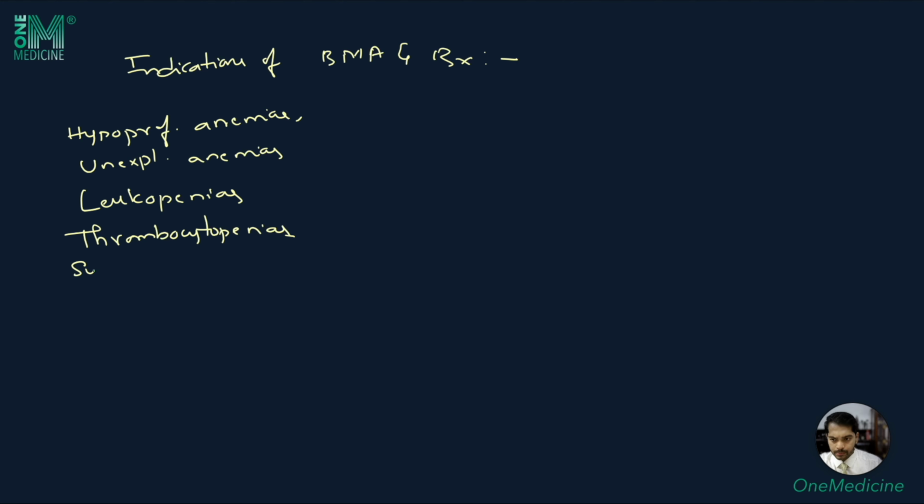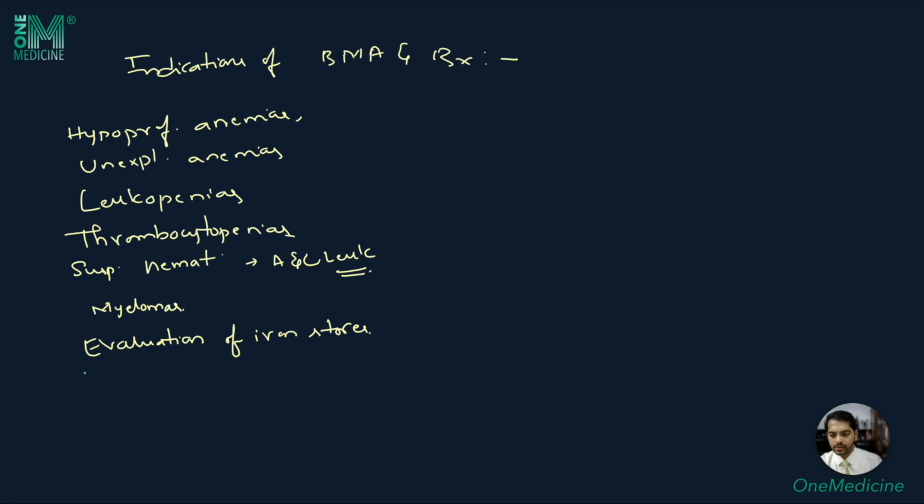In a case of suspected hematological malignancies such as acute and chronic leukemias, myelomas, in evaluation of iron stores, in evaluation of certain cases of fevers of unknown origin, and also lipid storage disorders.